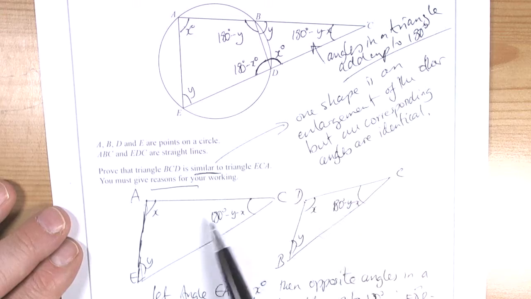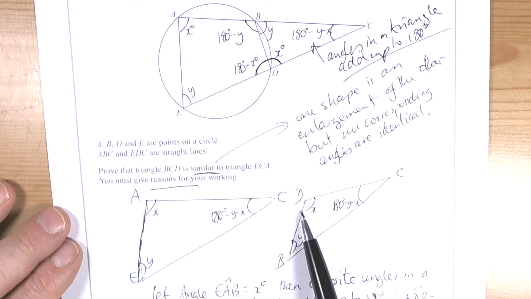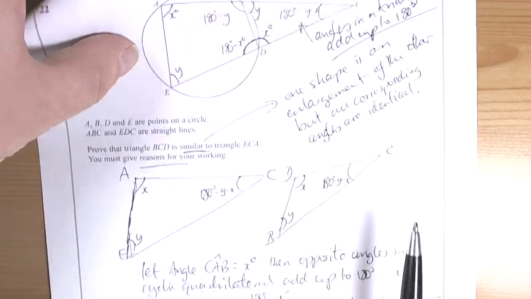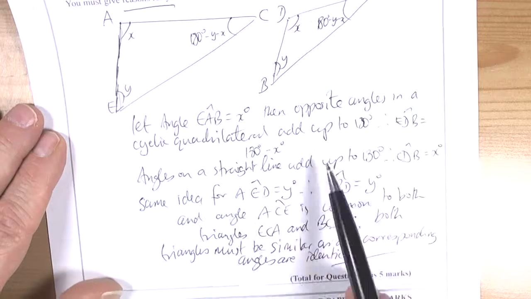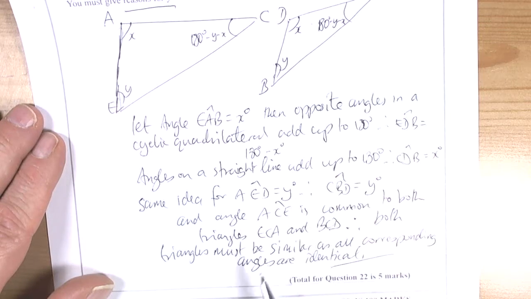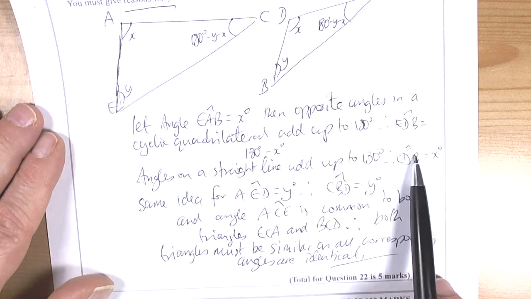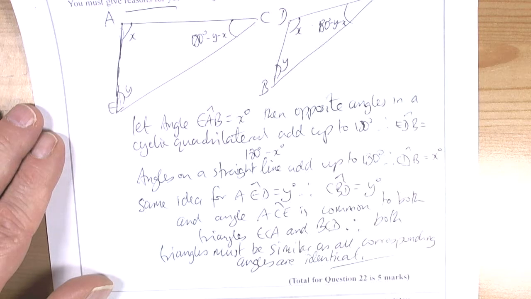We've drawn out the two separate triangles, filled in the letters we chose, and shown that the corresponding angles are all identical, x and x, y and y, and so forth. And then we've written a sentence or two to try and explain why it all worked. That should be enough to give you all the marks. Again, it's being clear: opposite angles in a cyclic quadrilateral add up to 180, angles on a straight line, and so forth.